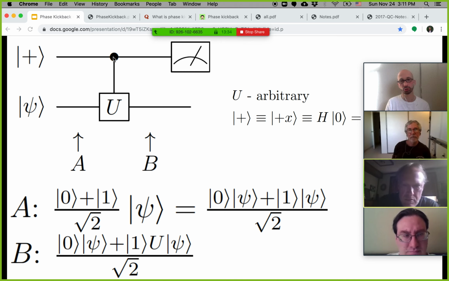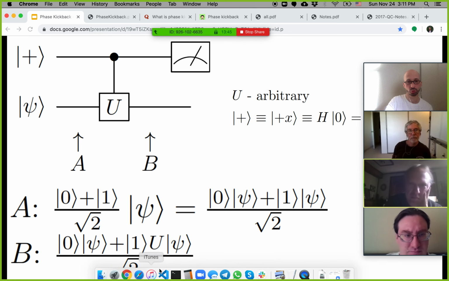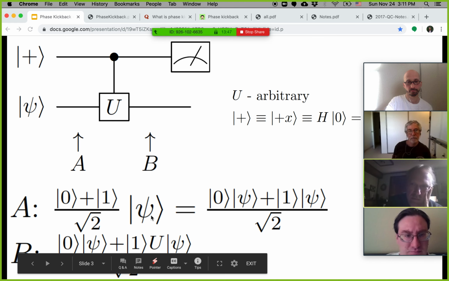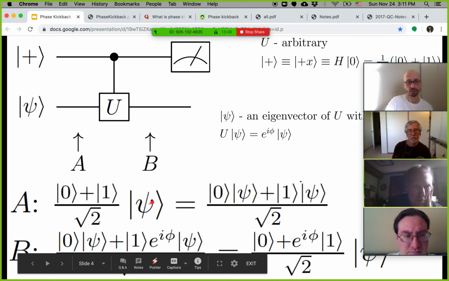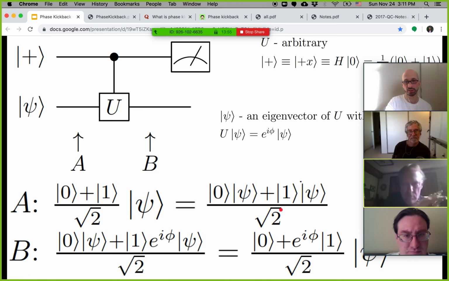That's any controlled operation. So at point A, we have an equal superposition and psi. I just multiply by psi to make it more convenient later on.